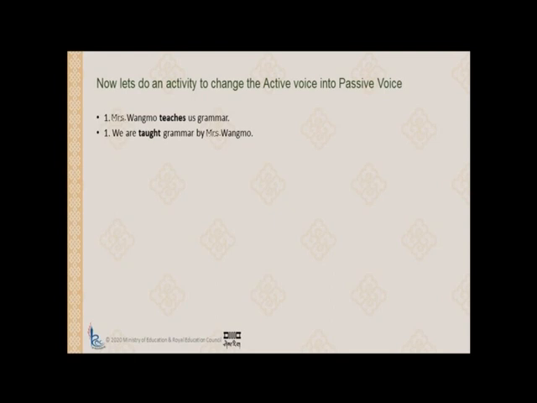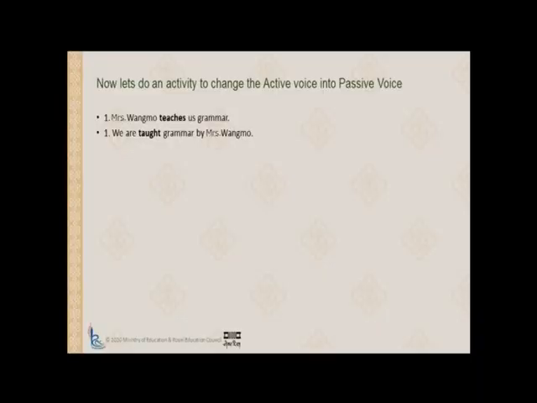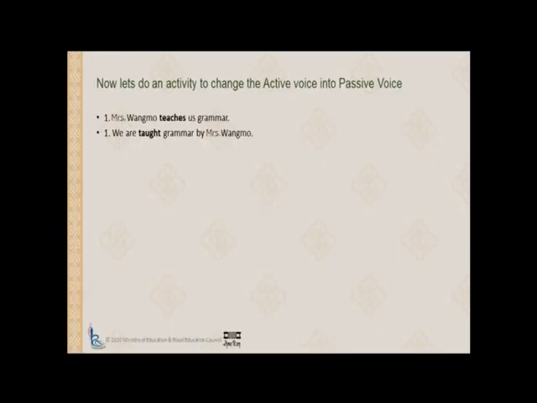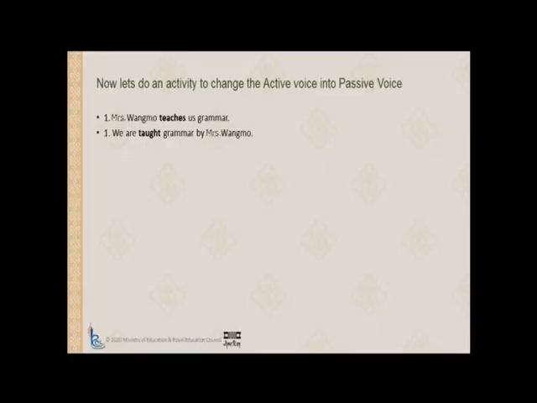But now you can see that we, those students, had changed into the subject and Mrs. Wangmo became the object. We are taught grammar by Mrs. Wangmo. The emphasis here is the students are being taught grammar by Mrs. Wangmo; the subject does not perform any action. This is the example of a passive voice.